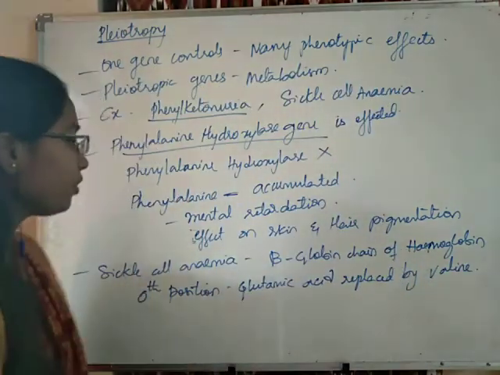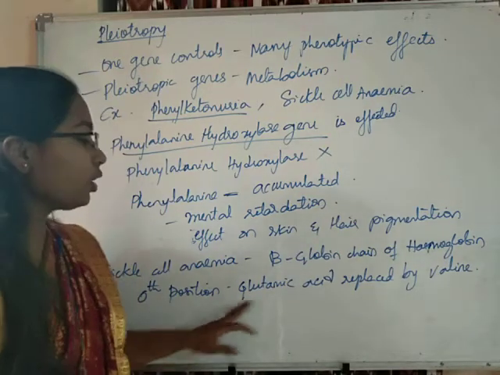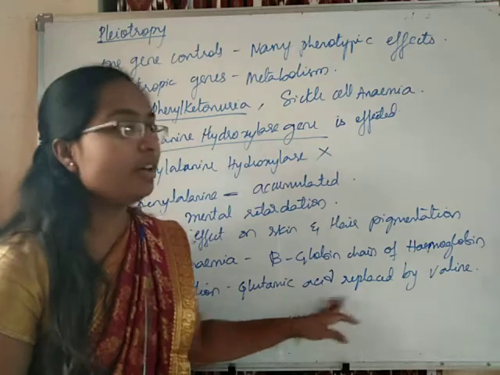In the beta globin chain of hemoglobin, in the sixth position, glutamic acid is replaced by valine.